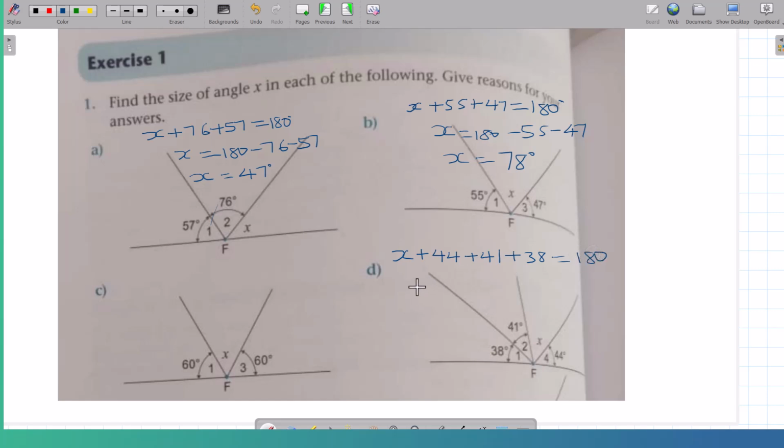So now to get our final x, we're gonna say x equals 180 minus 44 minus 41 minus 38. Can I have the final answer, please? 57, ne? Thank you so much. 57 degrees. Are we together now?